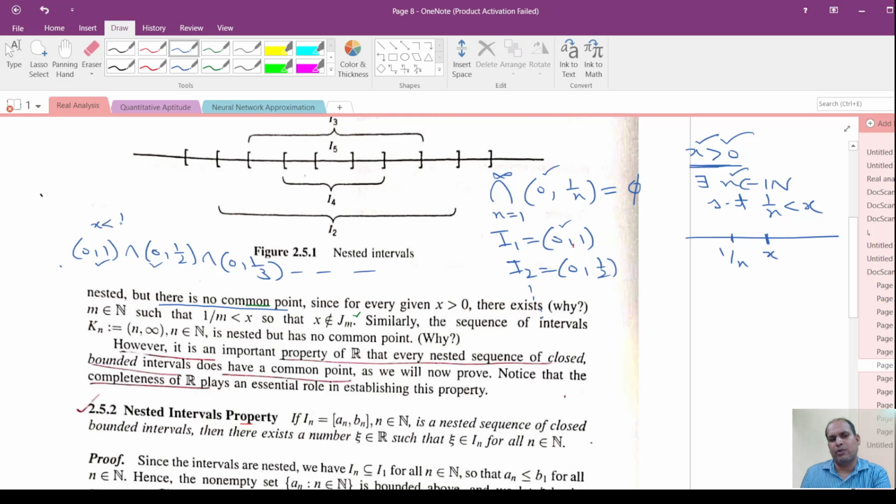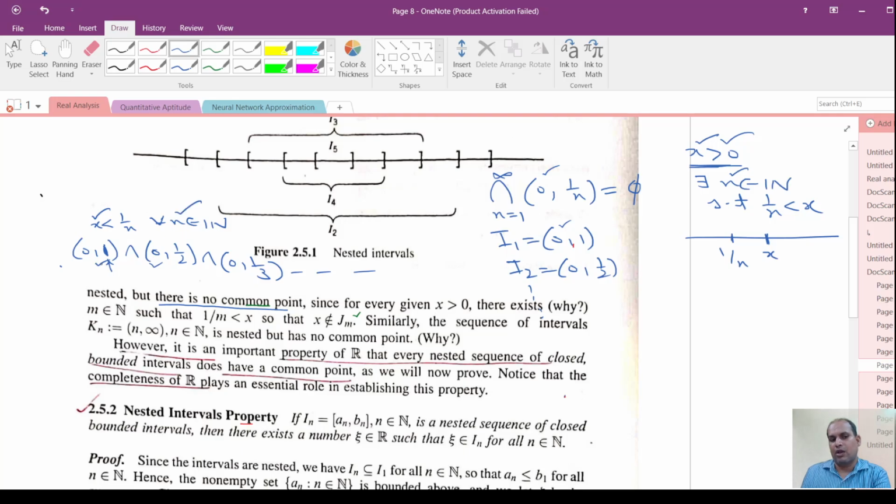That is, x has to be less than 1 by n for every n belonging to N, because it has to be in the open interval 0 to 1, and the endpoints, though not included, are of the type 1, 1 by 2, 1 by 3, and so on. So if x is common to each of the intervals, then x has to be less than 1 by n for every n belonging to N.